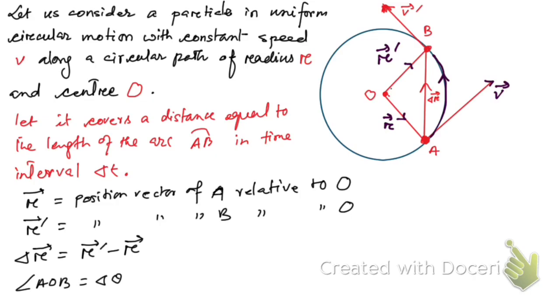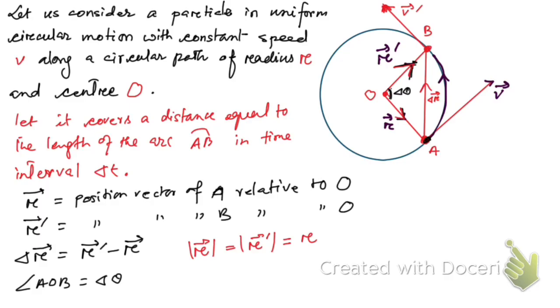Now you see the magnitude of this r vector and r dash vector must both be equal to r, which is the radius of the circle, because the length of these two is equal to the radius of this circular path, and they are different vectors because of their directions.